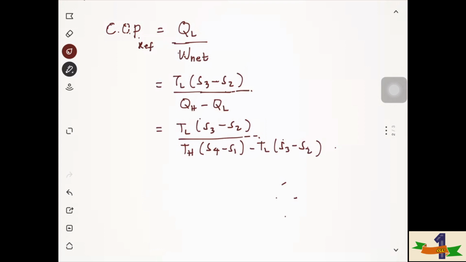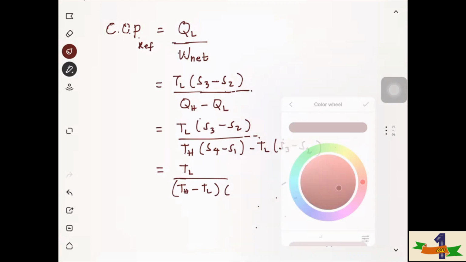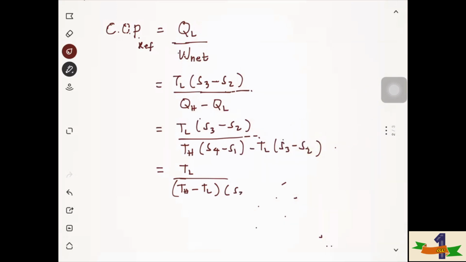So we can factor out, because this delta S is equal, so we have here TL all over TH minus TL times S3 minus S2, and this is S3 minus S2 also.